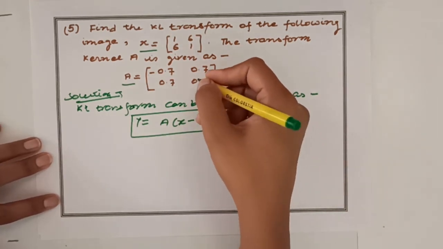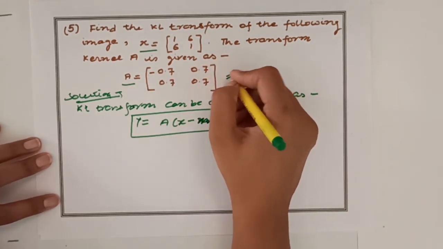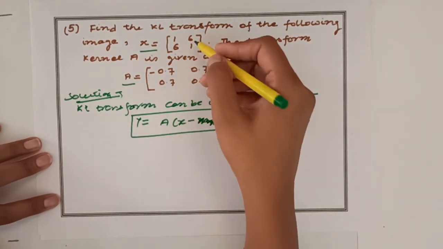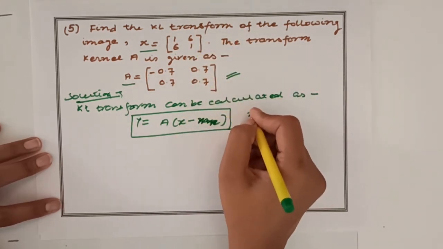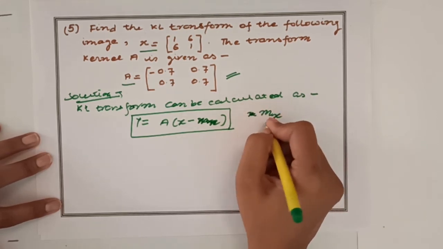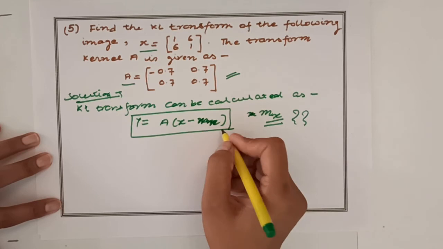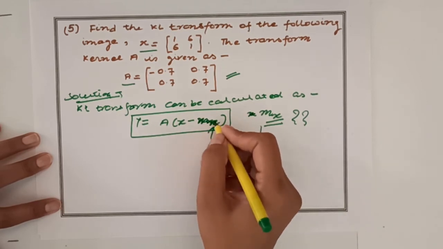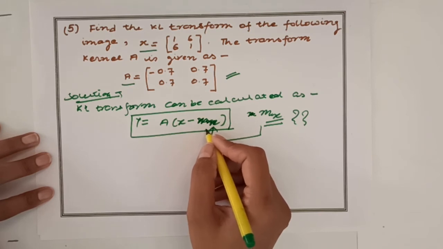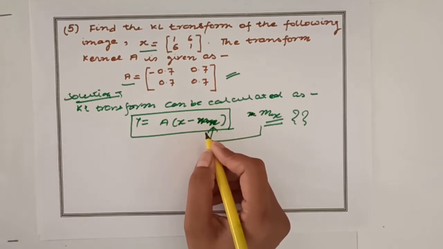Here A is given. X is also given. It means you have to calculate the value of mx. If mx is known, then you can substitute over here and you can calculate it. So how to calculate the mx?